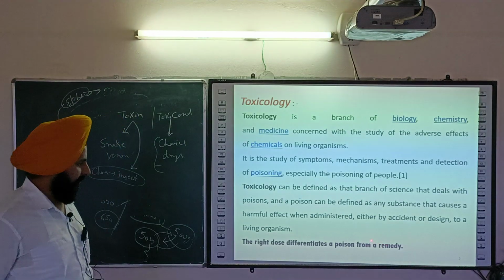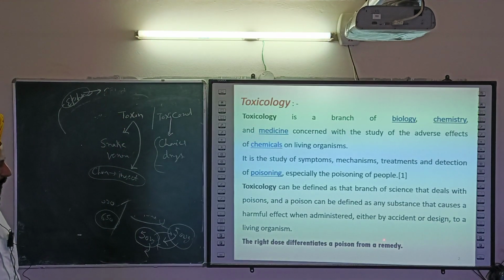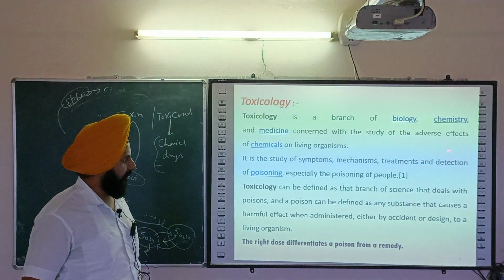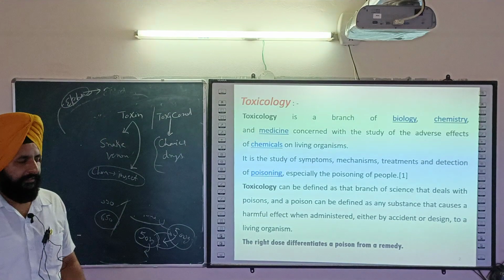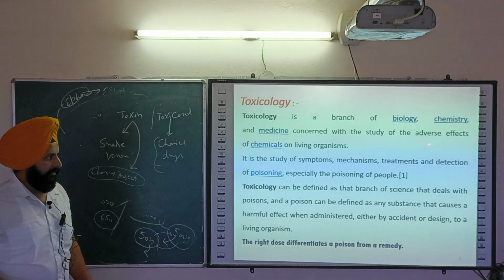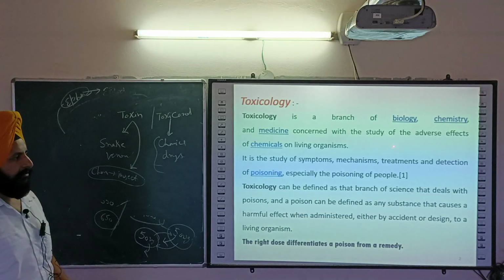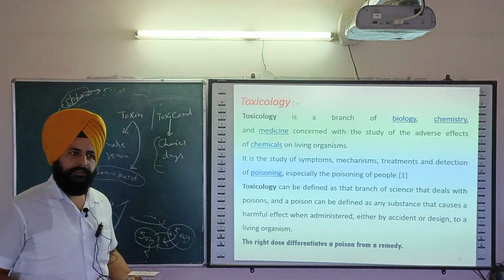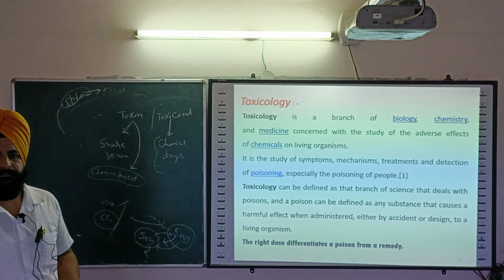So if you want to differentiate a drug from a poison, there is a difference of dose only. Because dear friends, I will very frankly tell you that you cannot say that what we normally eat, like sugar, salt, food or other vegetables, is not toxic for us.